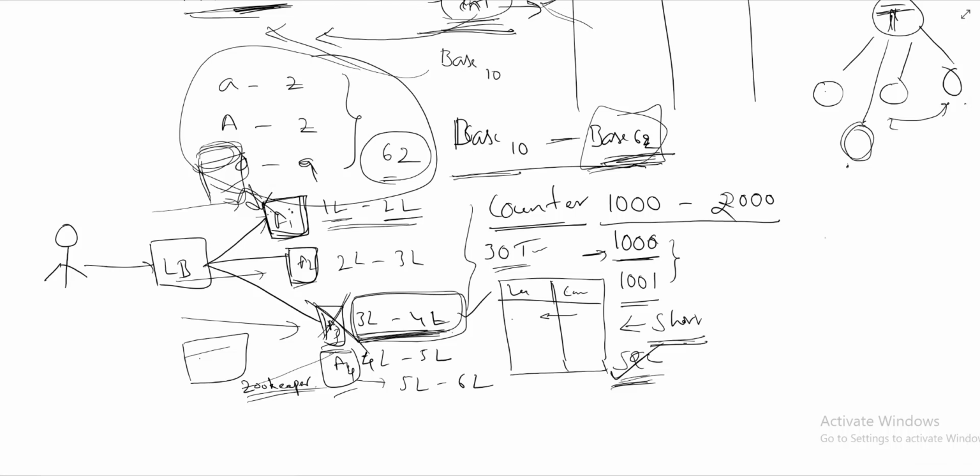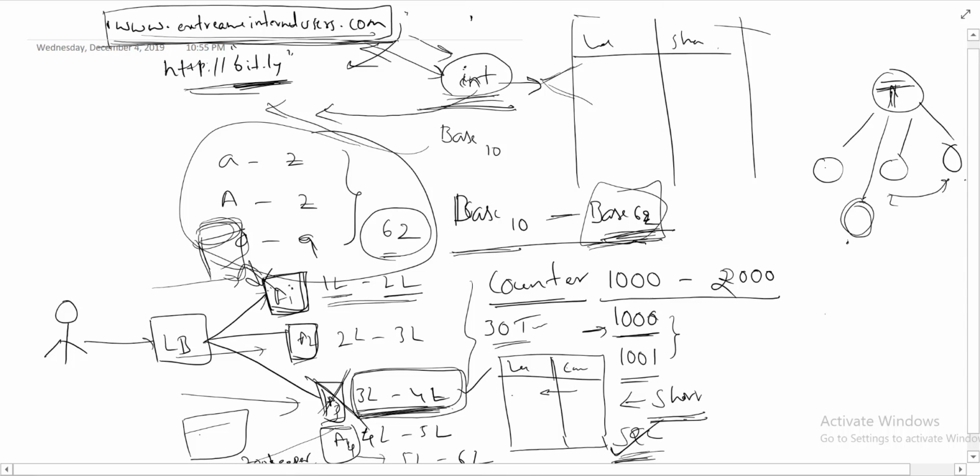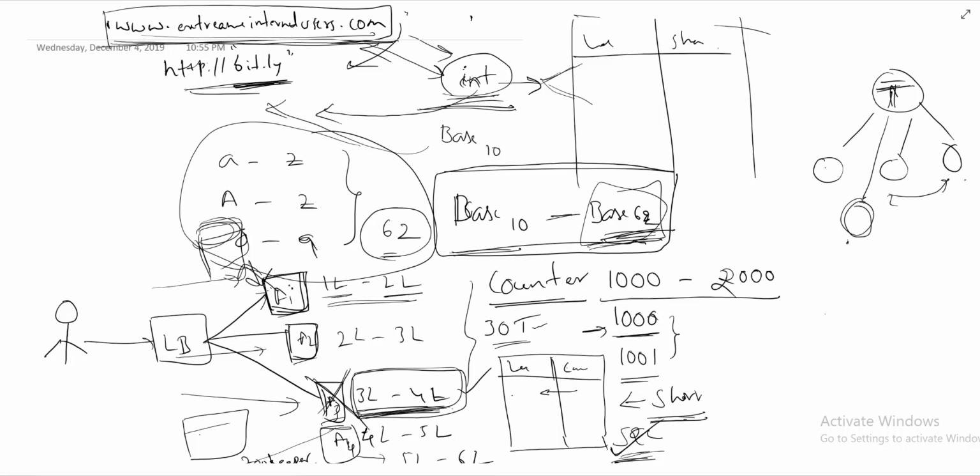Finally, what is the main algorithm? The integer value will be coming from the counter, with the range we get from the Zookeeper. So we will be given the integer value. The only thing that we need to do is convert it to the base 62 value and return that string, which is actually the short URL.